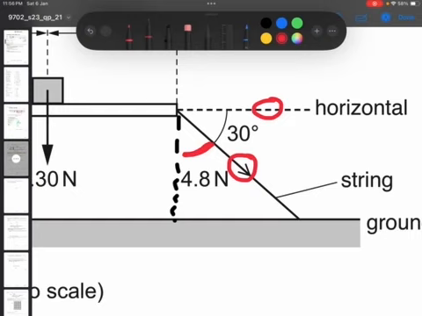Since I don't know this angle, I'm going to have to use the angle that is known, which is on the other side, 30. In that case, I use sine. But if I was resolving horizontally to find the horizontal component of this tension, whereby the angle 30 is known between the tension and the horizontal, I would use cos.